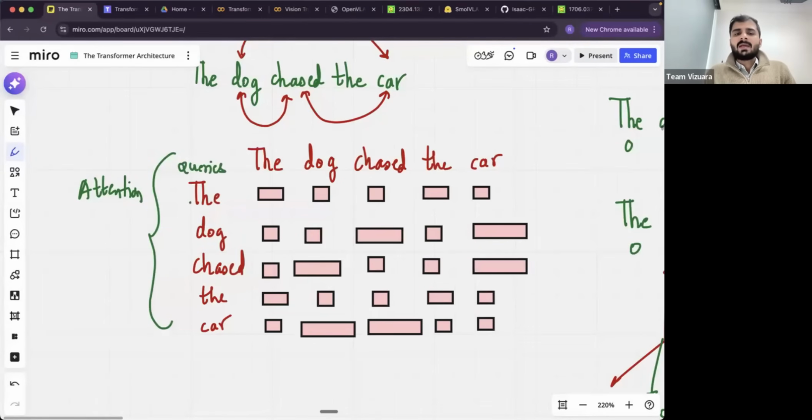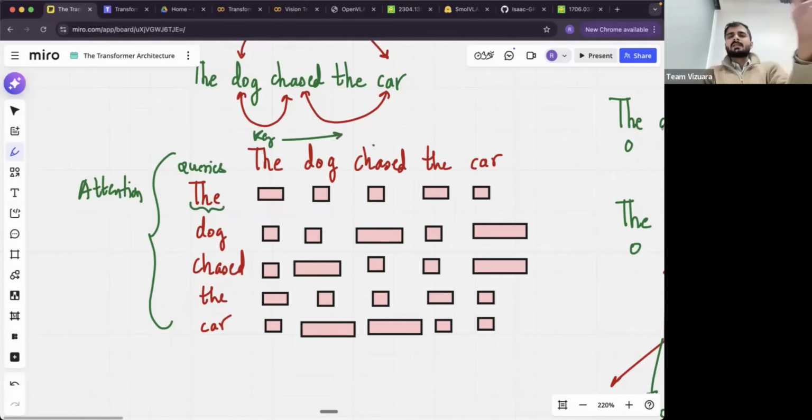So if I take the query the, then what is the relation of this query to the key the? What is the relation of this query to the key dog? What is the relation of the query the to the key chased? So all of these tokens on this side are the keys and these are the queries.